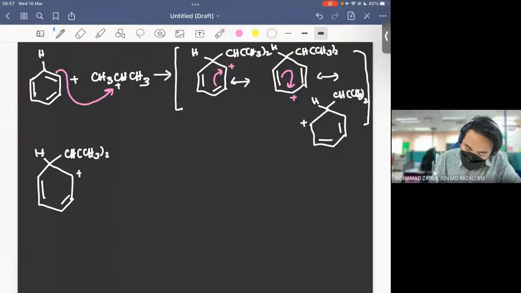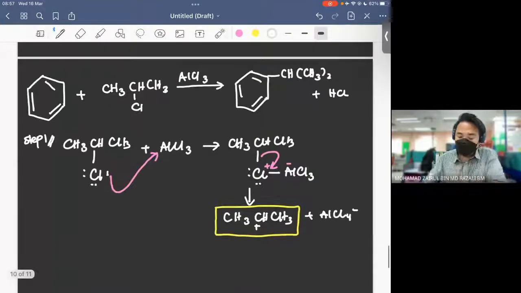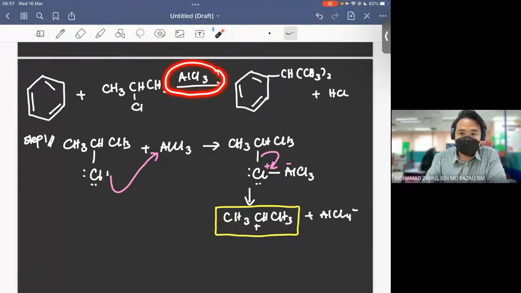Okay, so sekarang ini awak tengok. Kita punya Lewis acid adalah AlCl3. Dan AlCl3 tu awak tengok dia dah jadi AlCl4. Kita kena regenerate balik yang 3 klorin ni. So cara dia, we need to remove one of the chlorine dalam AlCl4 minus tu. Baru kita boleh hasilkan AlCl3 balik.